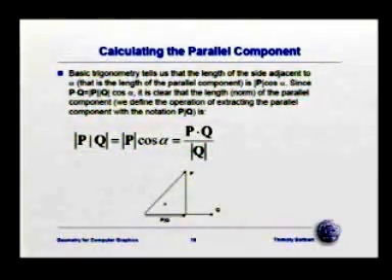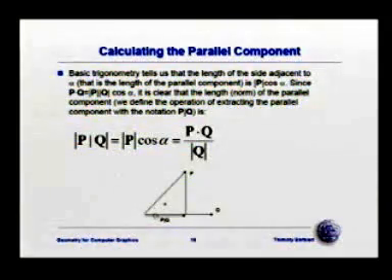How do I calculate it? From trigonometry, we know that this side over here is actually the length of this side multiplied by the cosine of the angle.